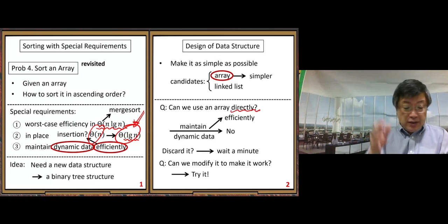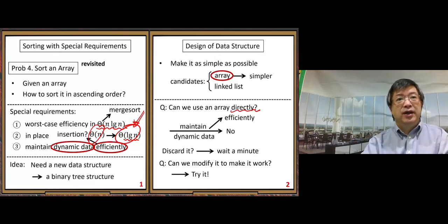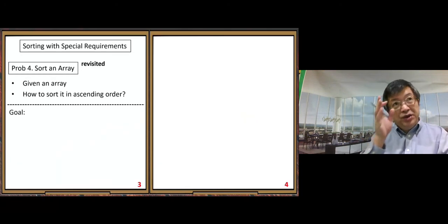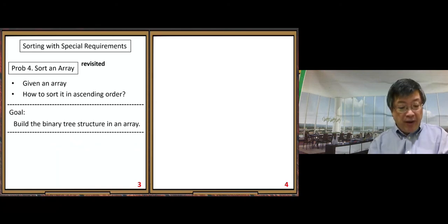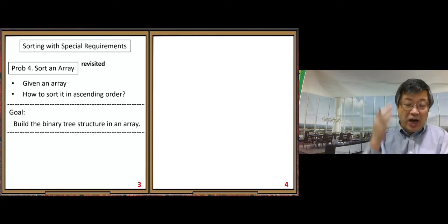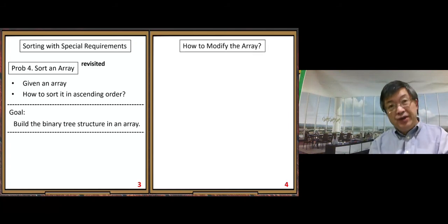So we want to build the binary tree structure in an array. If we can do that, then we can avoid the linked list. So let's try how to modify the array.